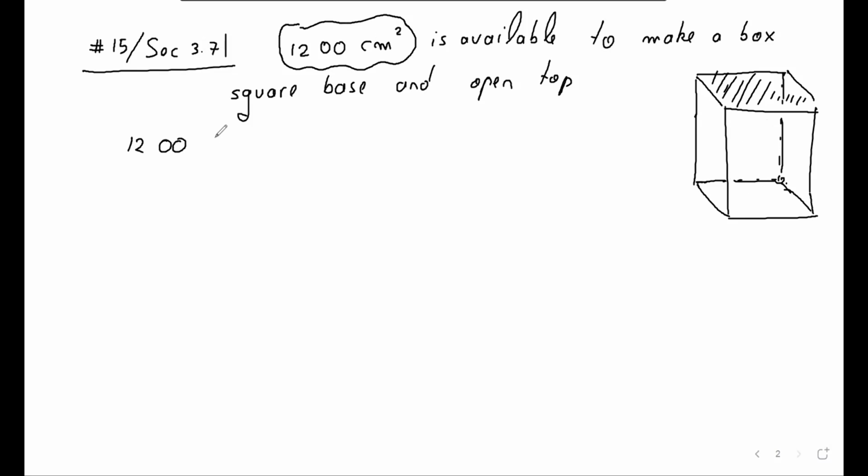So 1200 represents the exterior area of this box.